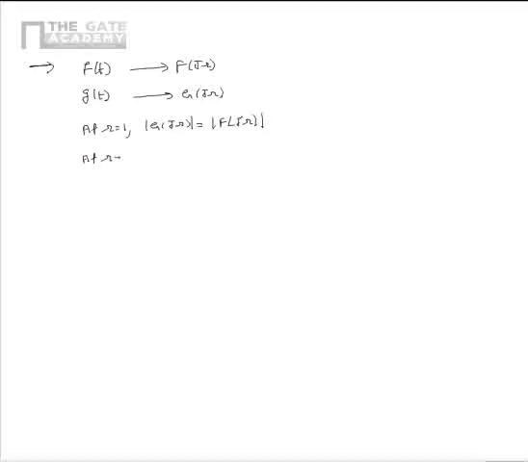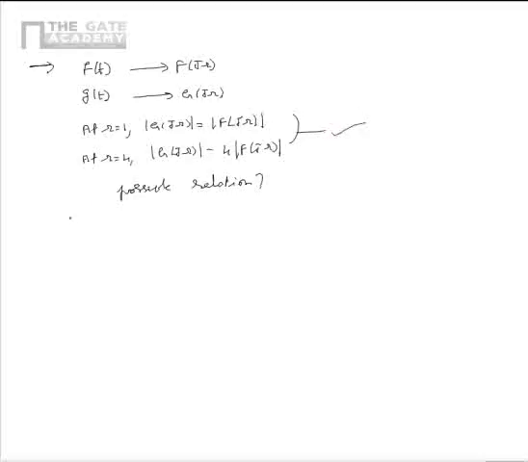Similarly, at ω equal to 4, the magnitude of G(jω) is equal to 4 times the magnitude of F(jω). We have to find the possible relation between f(t) and g(t) using the two conditions given.